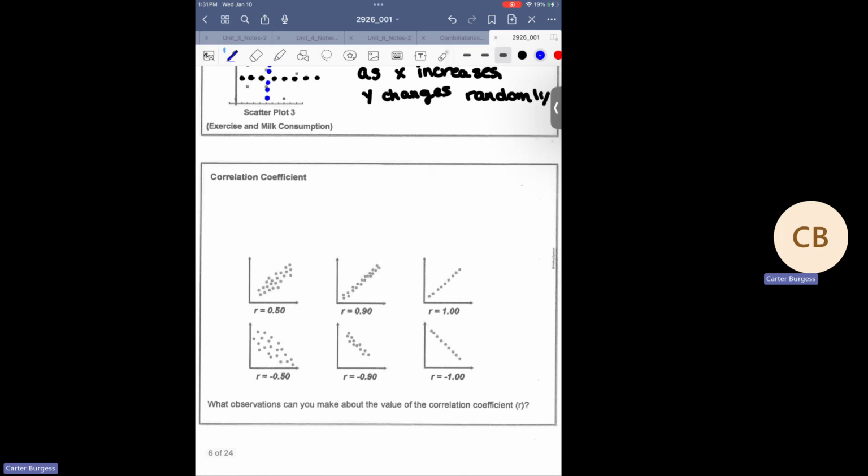So taking a look at our correlation coefficients here. The correlation coefficient is generally referred to with the variable R. What can we observe about the difference between our correlation coefficients here? What do we notice? Okay, so the higher the number, we might describe that as a stronger correlation, ultimately that's what we're working towards.